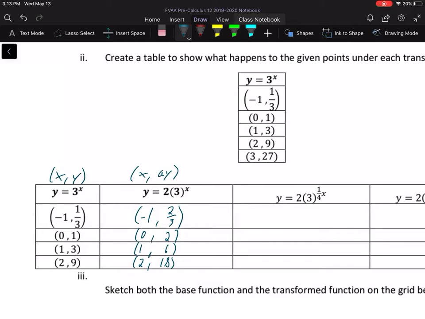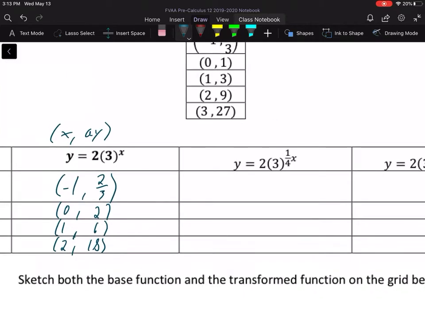Next we're going to do the horizontal stretch. That b value is going to be 1 over b x and then ay. I know that my y values are what they were in the last table, so I'm going to write those in.